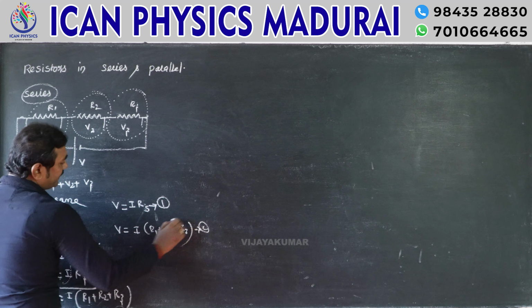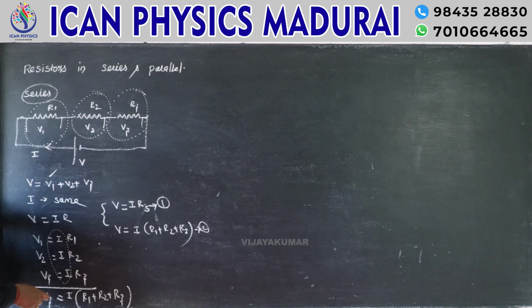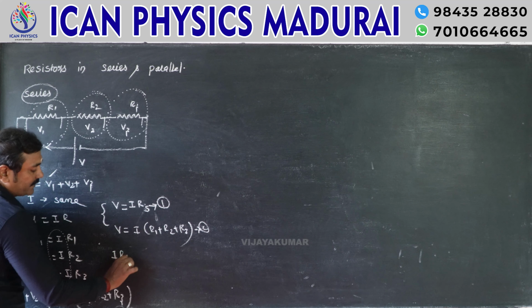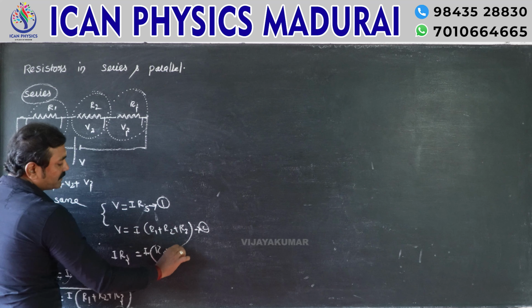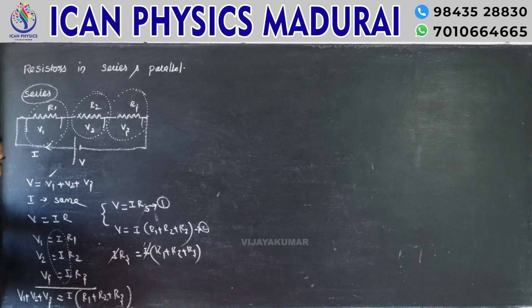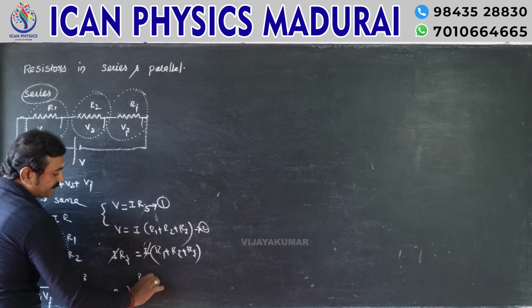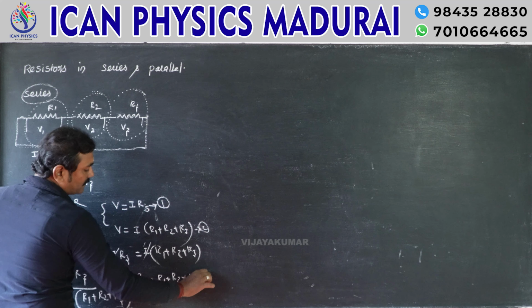Now, compare equations 1 and 2. The LHS are equal, so automatically the RHS are equal. So I into RS equals I into R1 plus R2 plus R3. Now I is cancelled, so RS equals R1 plus R2 plus R3.